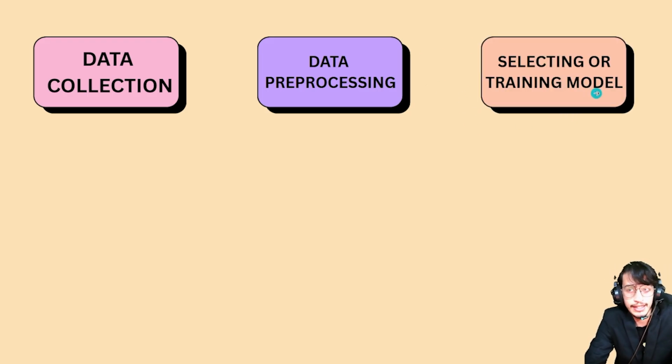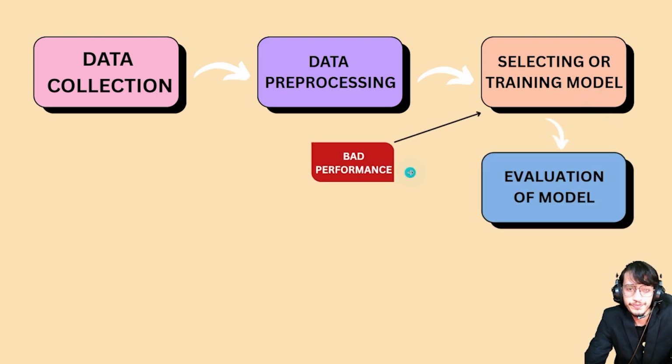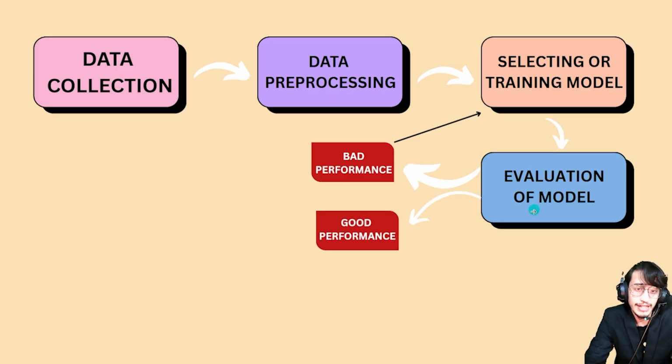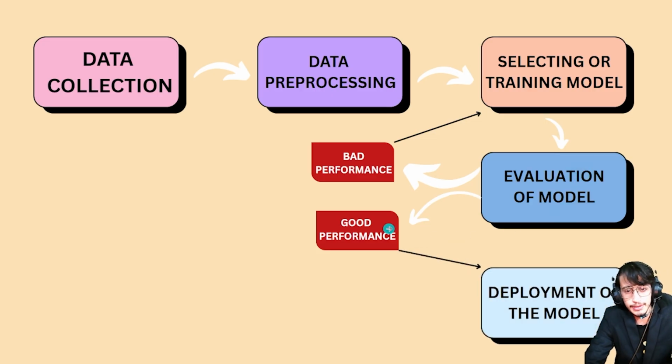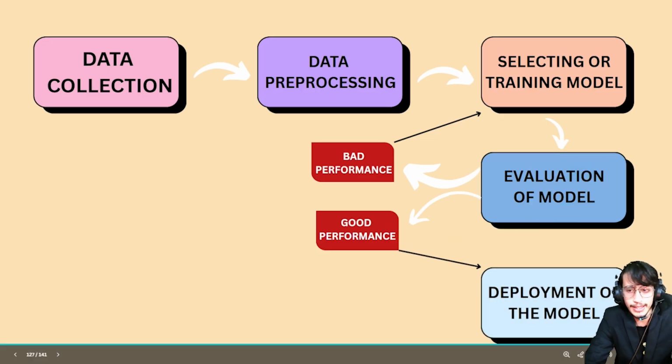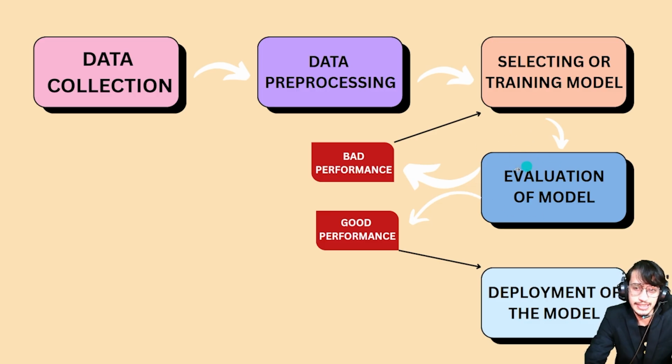After that, selecting the model from the TensorFlow Zoo or other places, or training the model itself. And after that, we evaluate the model. In the evaluation, if the model performs badly, then we train the model again or select a new model, and if it performs well, we deploy the model. So our confusion matrix is the process of this evaluation part.